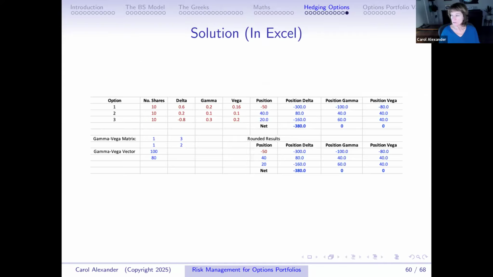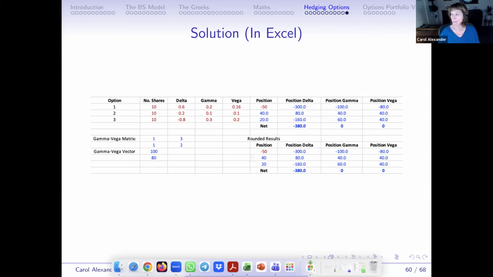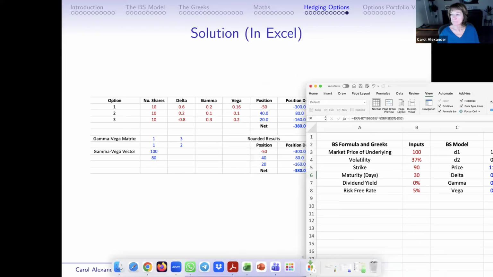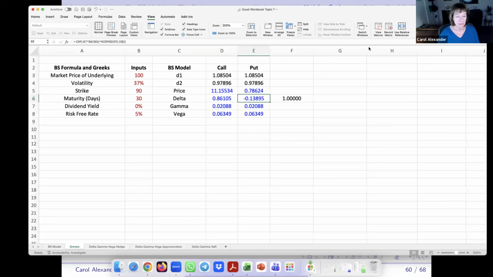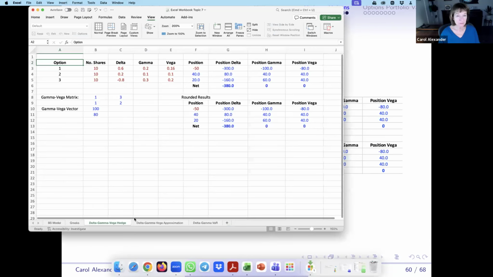And finally, let's go through the Excel spreadsheet that does this. There's the delta gamma vega hedge. So you can change these numbers here. These are just the input.